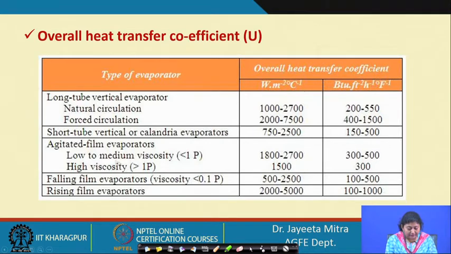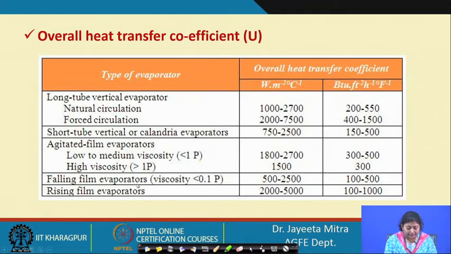And for high viscous solution we will use 1500 watt per meter square degree Celsius. It is obvious that in case of a high viscous sample it is very difficult to transfer heat even if we employ agitation to increase the heat transfer coefficient.